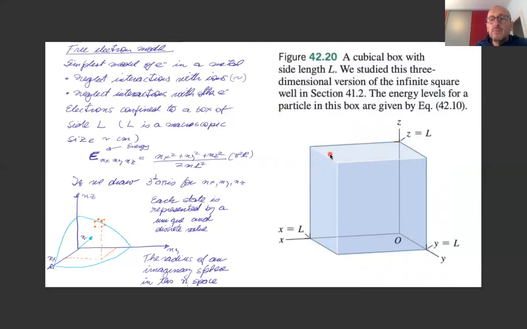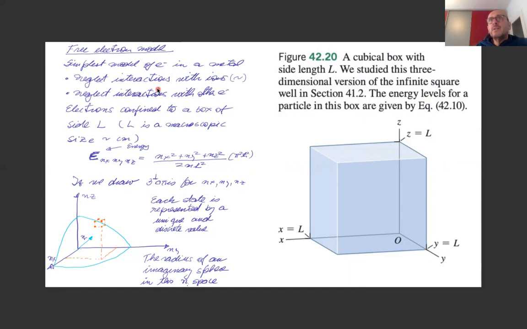The volume is equal to L cubed, so the distance in each direction is L. And L here is a macroscopic value, meaning it's not comparable to the distance between atoms, but is several unit cells in this direction, thousands or millions, depending on the size of your macroscopic solid.